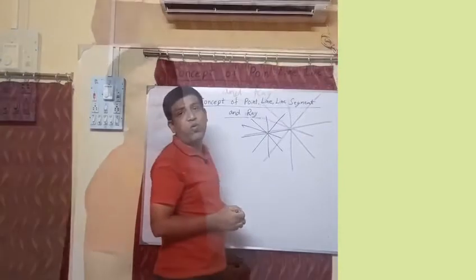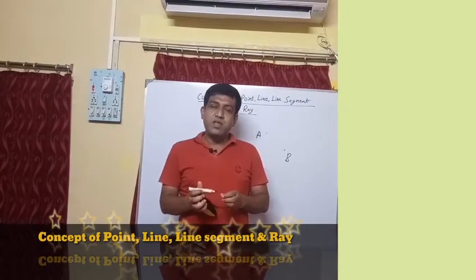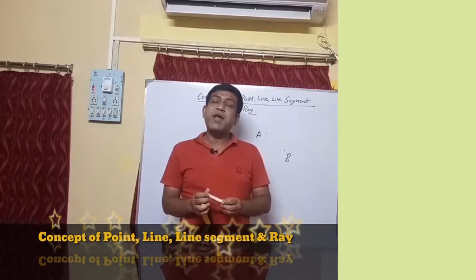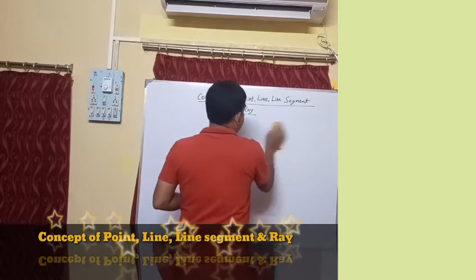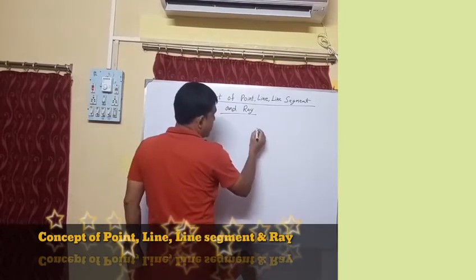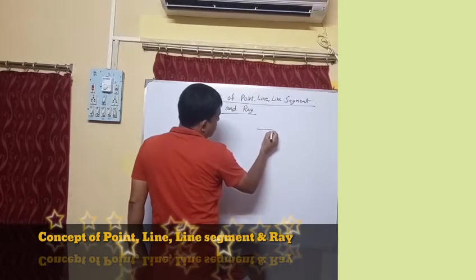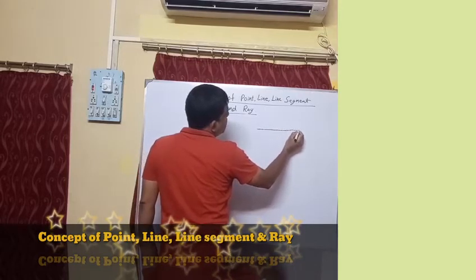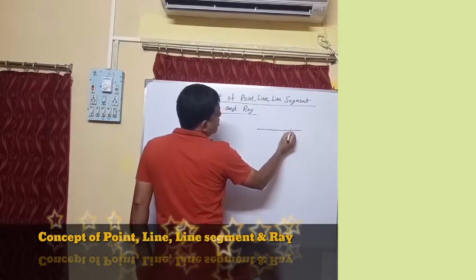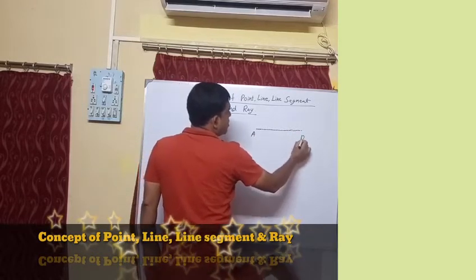Next one is line. What is the definition of a line? A line is the collection of infinite number of points. You can see here, this is the line.